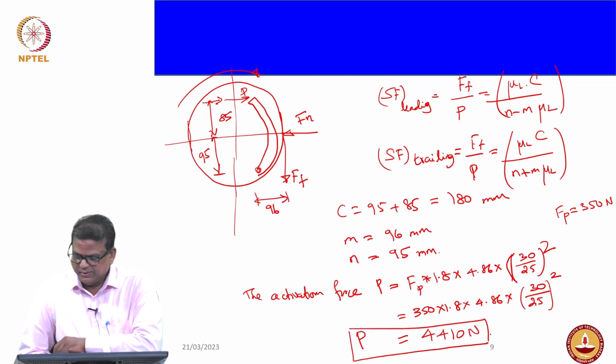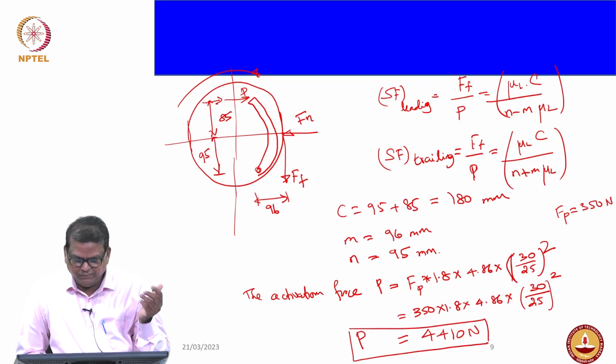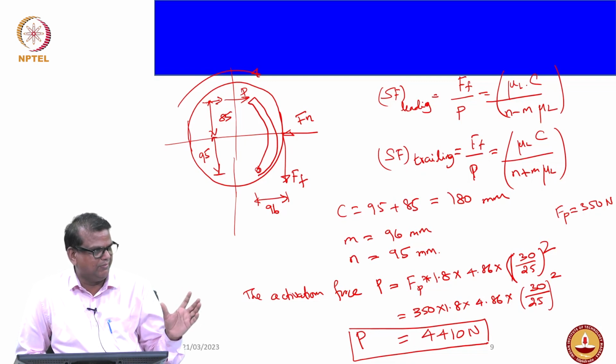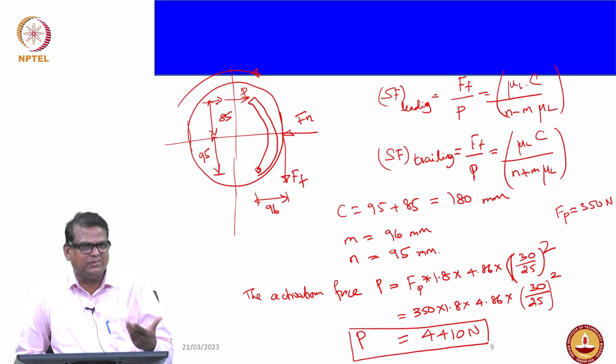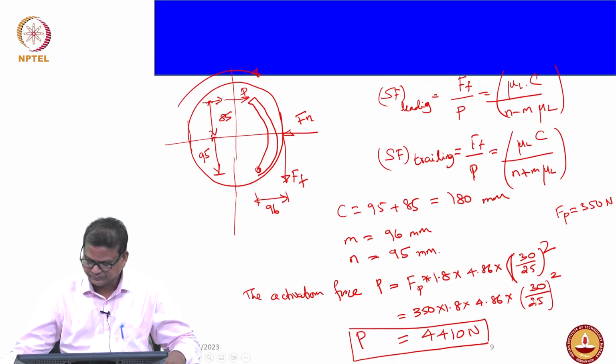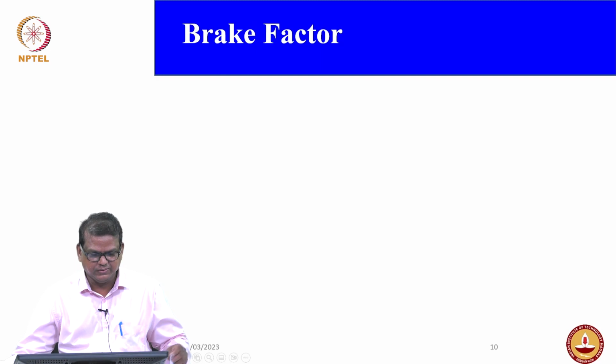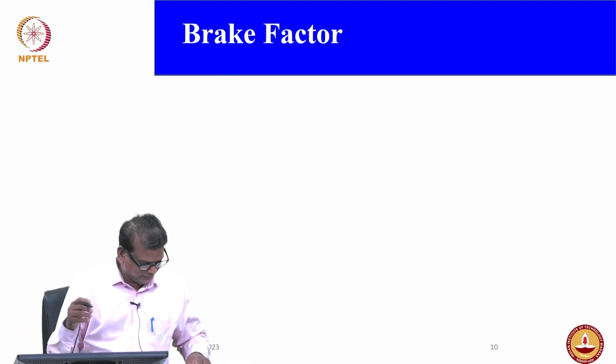Earlier we found the brake torque from the vehicle, already given as 1.015 kilonewton meter. Now we want to equate it to the brake drum torque. This is your activation force. Now we need to find the brake factor.